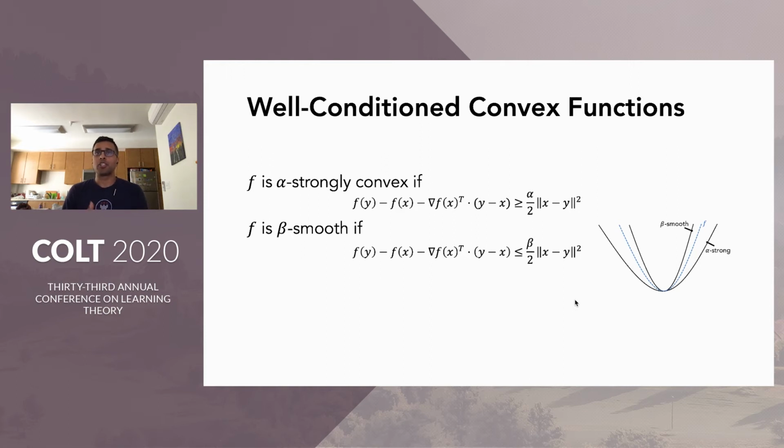And any function f that lies below the top black line is beta smooth. And we say a function is alpha strongly convex and beta smooth if it lies in between those two curves. Intuitively, what this means is that the function grows at a steady rate that's not too small and not too large. And the condition number kappa is the ratio of the smoothness parameter to the strong convexity parameter.